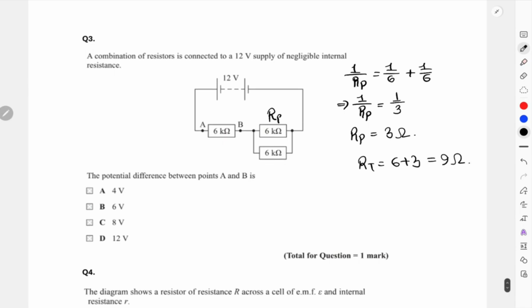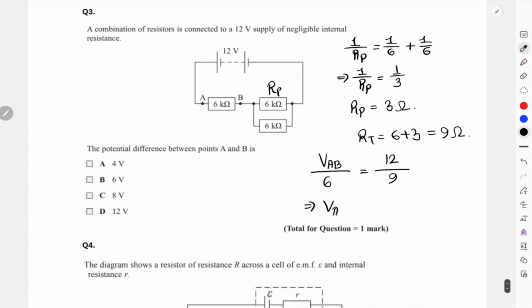And then again, if you want to find the voltage across VAB only, voltage across the AB, VAB divided by the total resistance across the point AB was 6, and total voltage is 12, total resistance is 9. So you get VAB as 12 over 9 multiplied with 6.